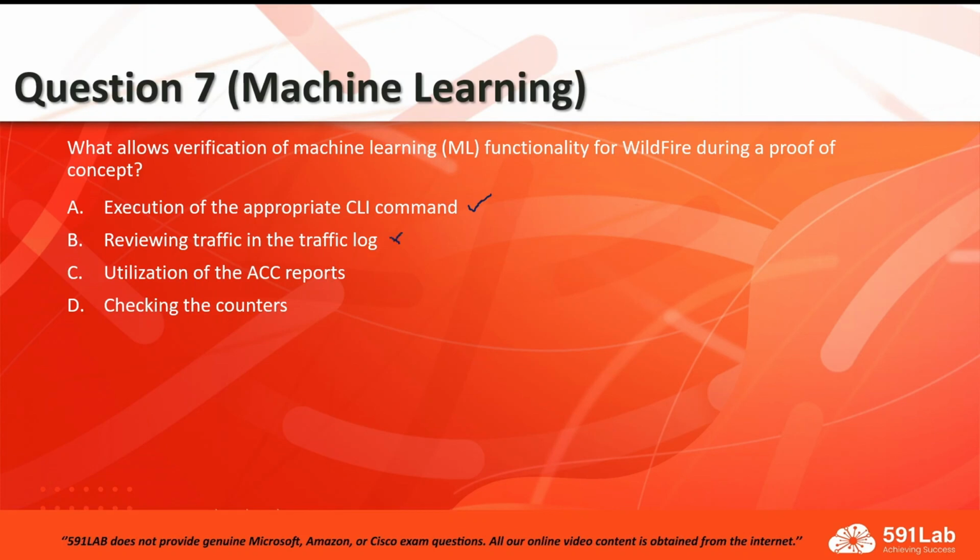It's not the answer because the use of machine learning we can detect on the threat log, not the traffic log. And then the utilization of the ACC report, it's not, because it just shows the threat names. And then checking the counters, it's not the answer.